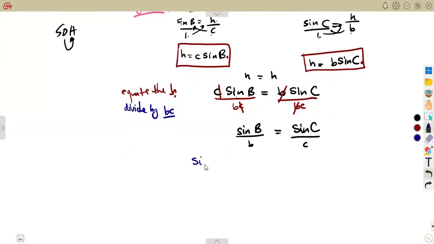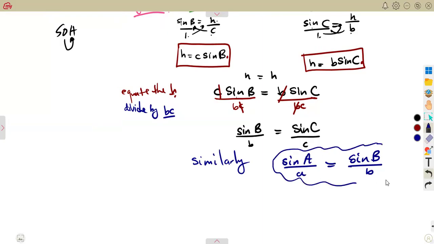So similarly, we are going to obtain the sine of A over a equal to the sine of B over b from the other condition. With this part, we are not going to actually work it out, because that is going to be the same thing if you prove that.